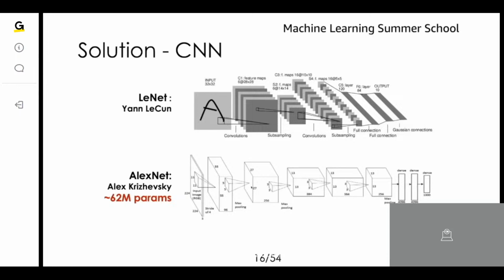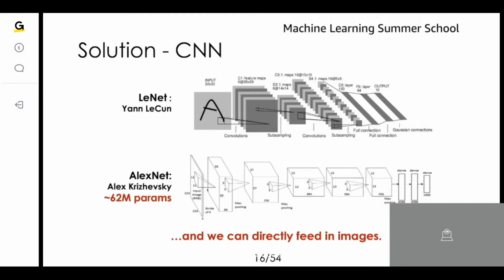Then in 2012, Alex Krizhevsky proposed AlexNet. This is the first large-scale CNN which was able to do well in the ImageNet or ILSVRC competition. This architecture was able to beat the traditional models by a huge margin at that time. And this network triggered a lot of interest in the CV community, and started a spree of research in the field of CNNs.